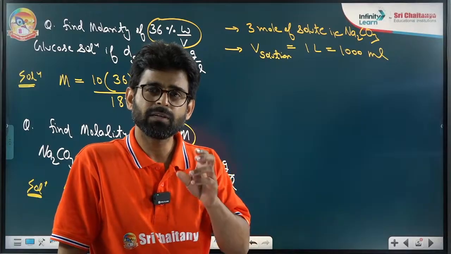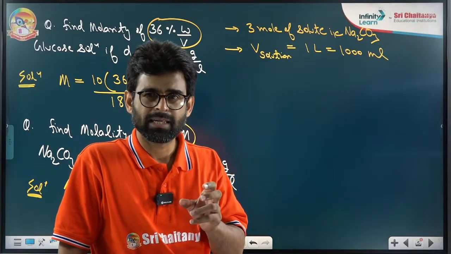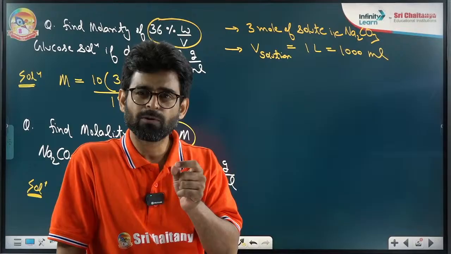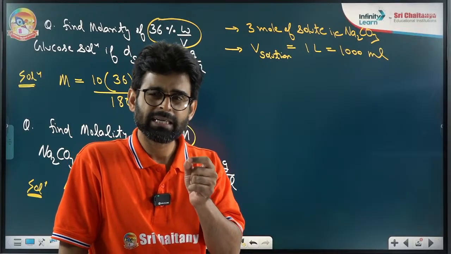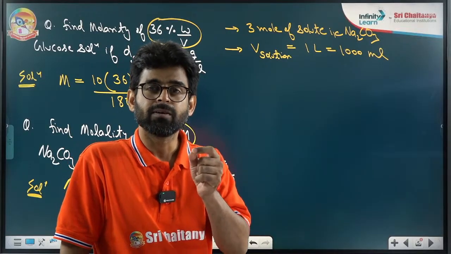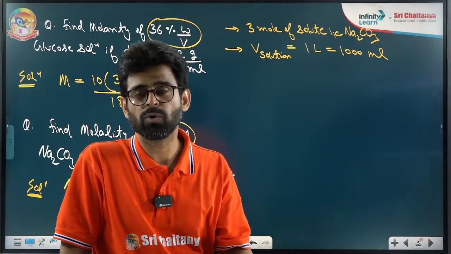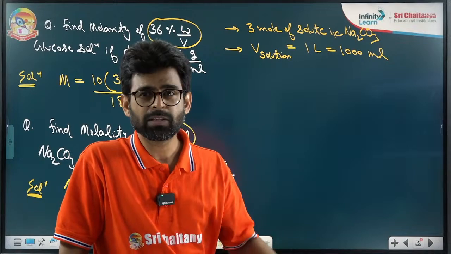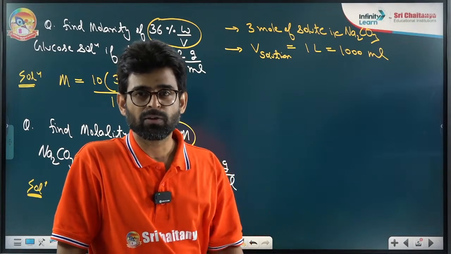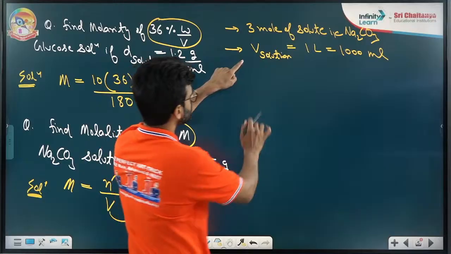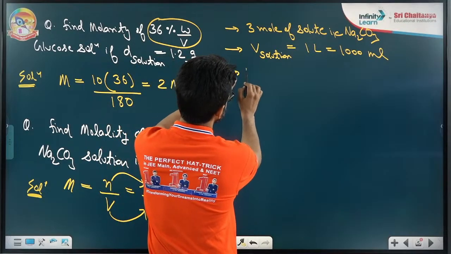Now come to the main thing. If I want to find molality, in molality I need the weight of solvent. But here I don't have anything like that. So first of all, from the volume of solution, I can find the weight of solution.